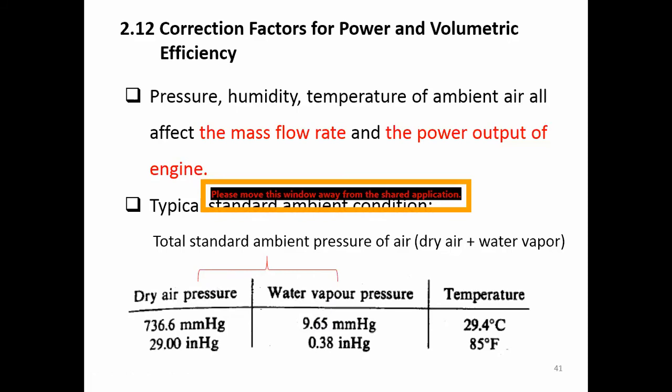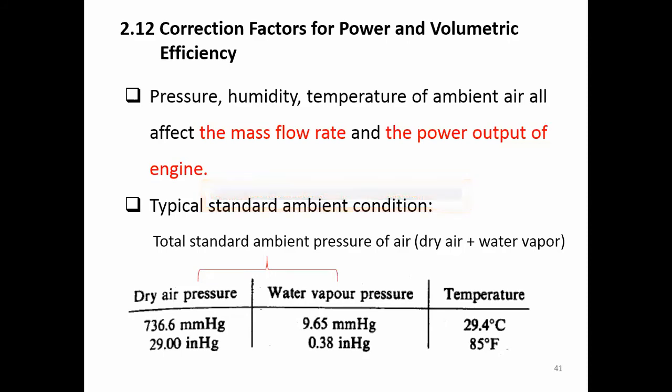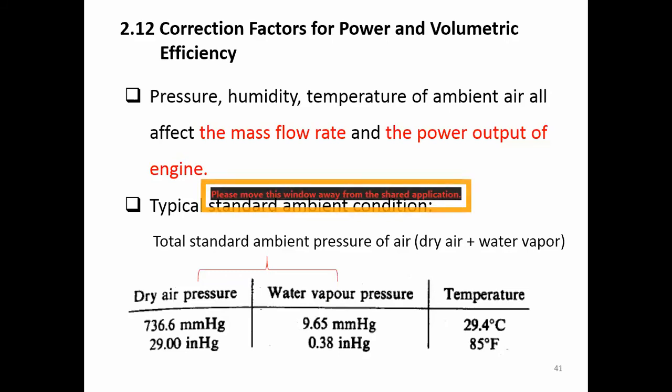We have the Dalton model, and in the Dalton model, we said the total pressure is always equal to the summation of the partial pressures. In here, we just don't say partial pressure because our mixture is only one, which is air, and our air is dry air plus water vapor. But in thermodynamics, when they talk about mixtures, they mean many mixtures, right?